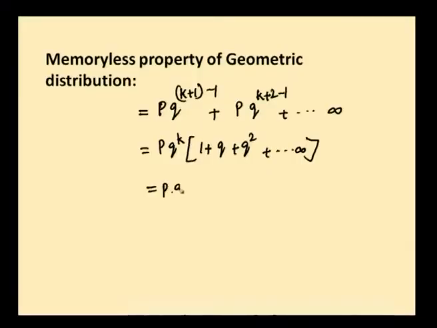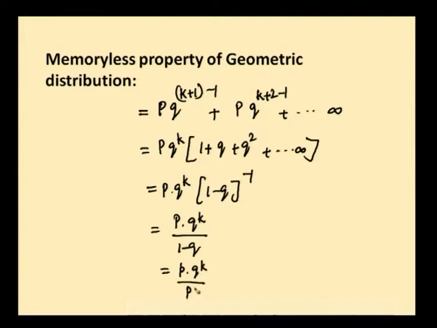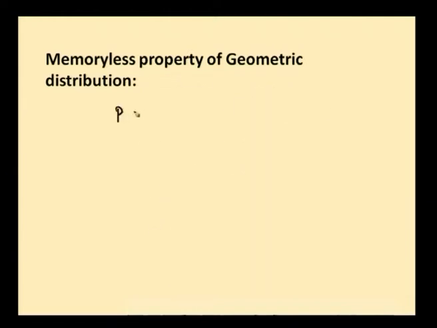So, p into q power k into 1 minus q whole power minus 1, so p q power k by 1 minus q. But what is 1 minus q? It is p. P into q power k by p. P gets cancelled, you have only q power k. So, what have we achieved? We have just found out P of x greater than k is equal to q power k.